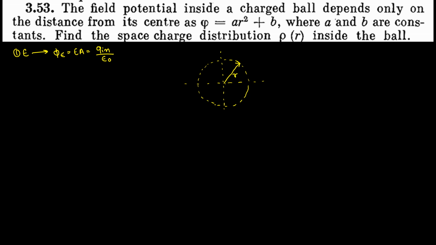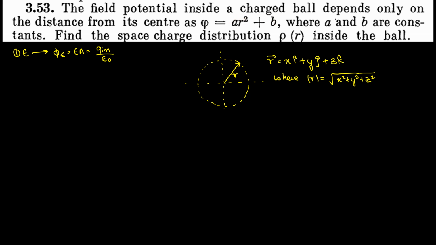That is what is known as a radial vector. The r vector is nothing but x i cap plus y j cap plus z k cap. But the magnitude of r is the square root of x square plus y square plus z square. That is the relation between the radial vector and Cartesian coordinates. This much is understood. So similarly, potential is given by A R square plus D.